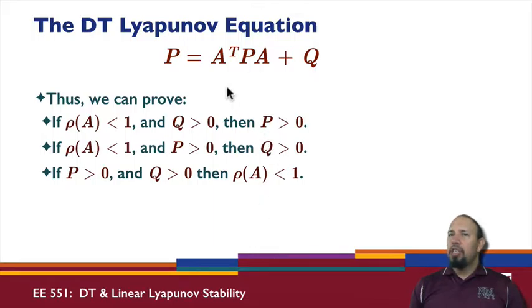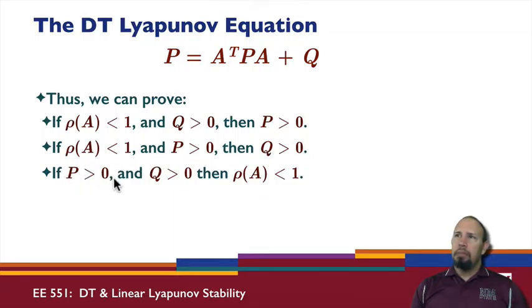So as I mentioned, we can actually prove a number of related things. Actually, I have two things: the stability of A and the definiteness of either P or Q. And if I'm given either of those, I can prove the other. So if the spectral radius is less than 1 and Q is positive definite, then P must be positive definite. If the spectral radius of A is less than 1 and P is positive definite, I can go through and show that Q must be positive definite, and so forth.